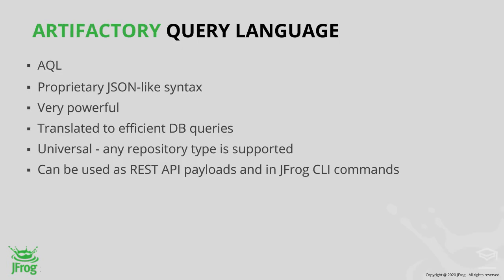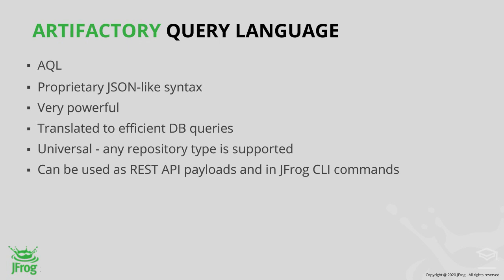The Artifactory Query Language is basically a proprietary syntax which is very similar to JSON. It is very powerful. All the AQL commands are translated to highly tuned database queries, and it supports any repository type, no matter if it is local or remote, if it's Maven or Docker, and it can be utilized both from the REST API as well as from the CLI.